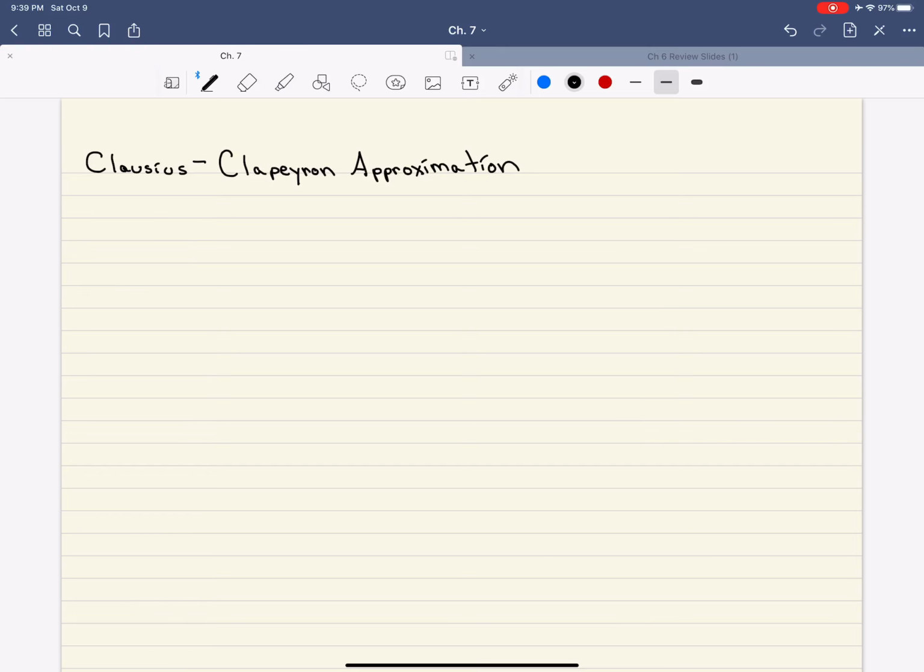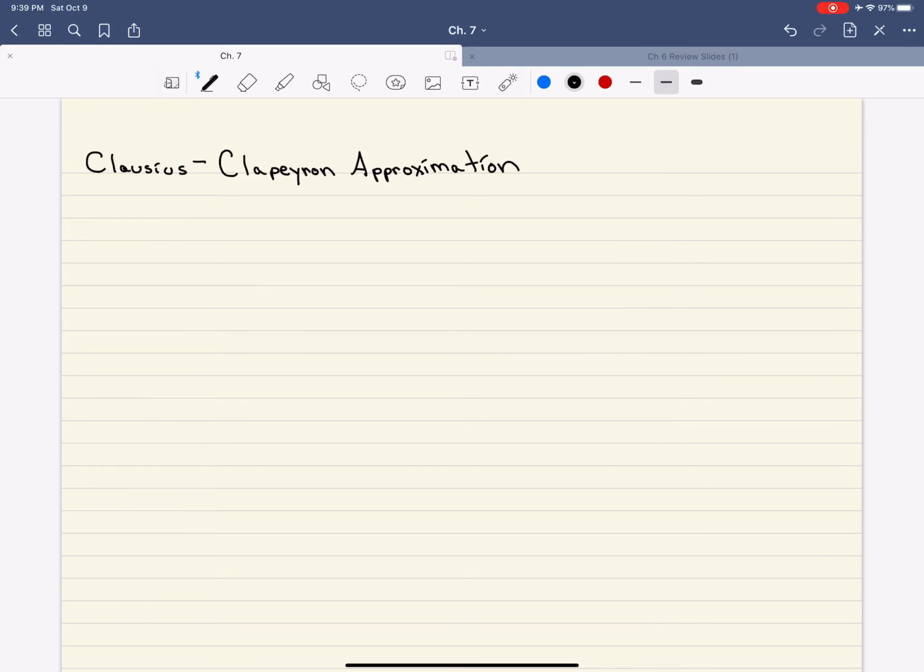What we're going to do now is make further assumptions in order to simplify the equation down into something we could use to estimate the enthalpy of vaporization, or get an idea of how to measure the enthalpy of vaporization for a given chemical based on its pressure and temperature transition values.